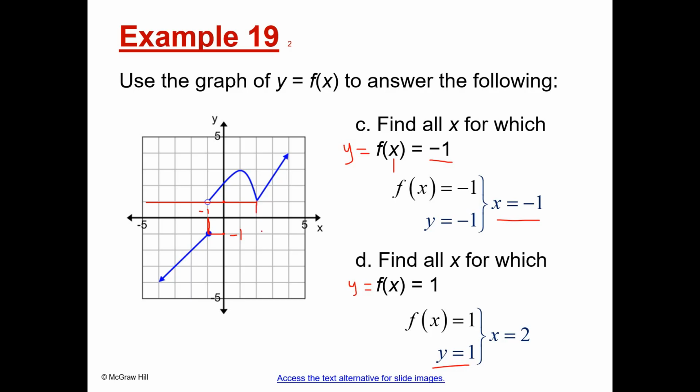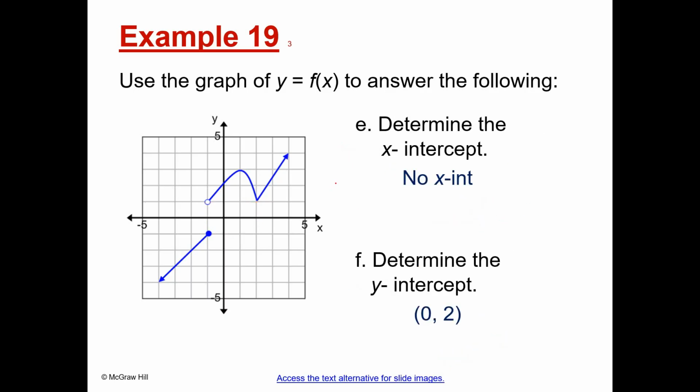We go back to x to see the value of x. This is 1, this is 2 units, so the value of x is 2. You're going to ask, what about this point? This point is excluded because this is an open circle, and open circles are excluded from the function, so we don't have a point over here.